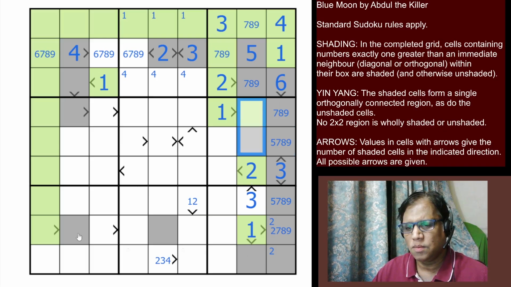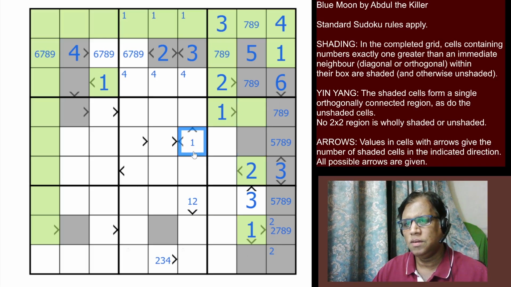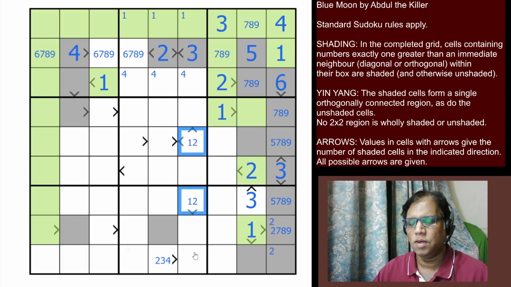1 2 1 2. This one could be 1 2 3. Cannot be 3, right? Because 3 is already. So what? Oh, 1 2 1 2. We got 1 2 1 2. Alright, so oh, look at this pattern.